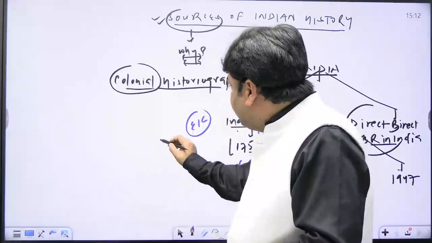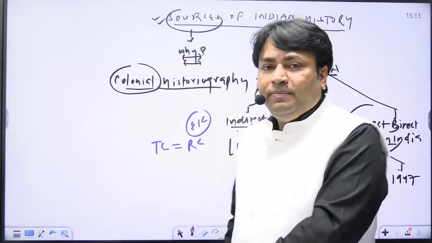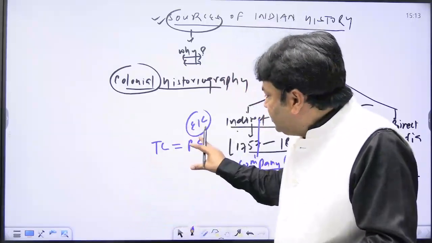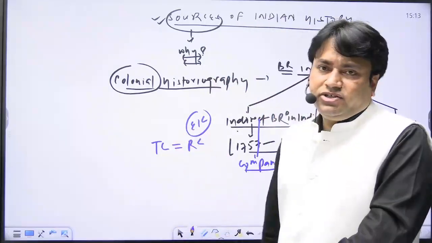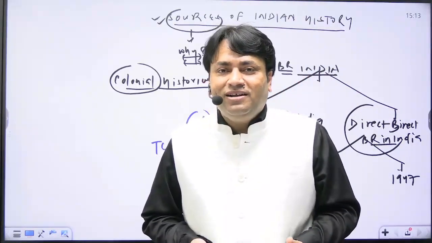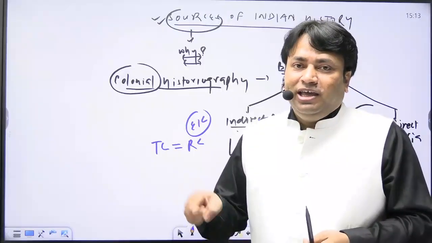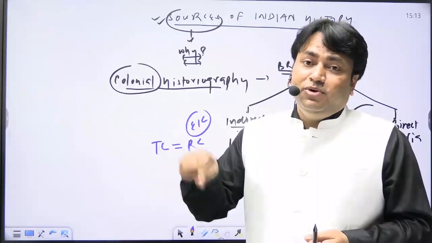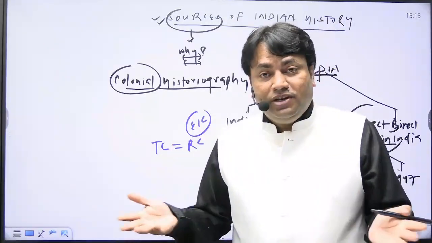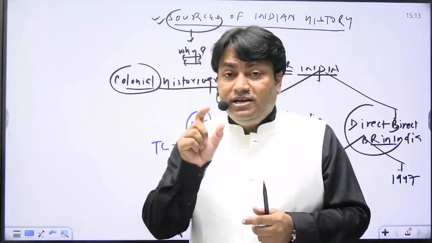It means a trading company has become a ruling company. And this incident is very unique in Indian history, because a trading company has to do trade and commerce, right? But if the trading company changes its role and becomes a ruling company, that is a very unique incident.